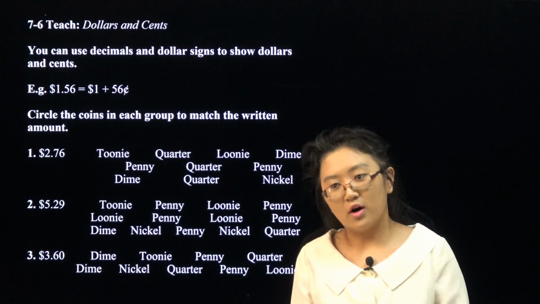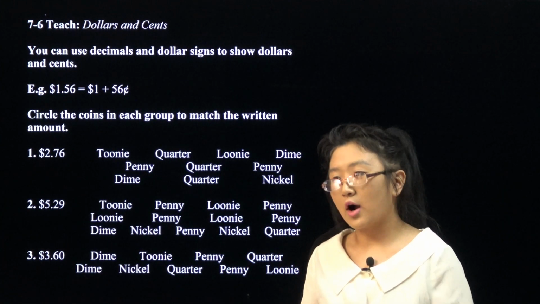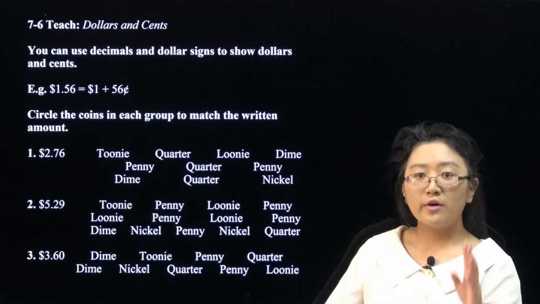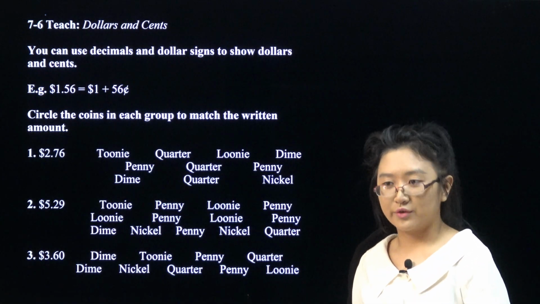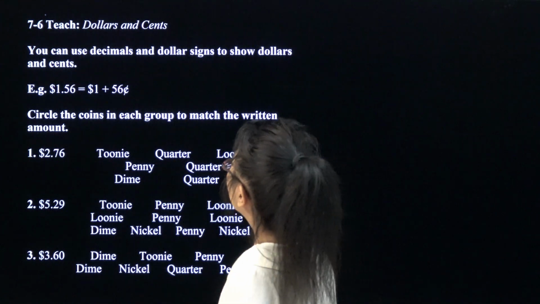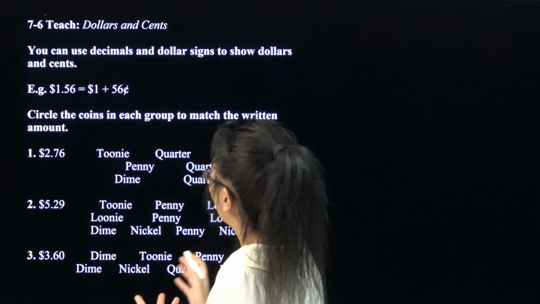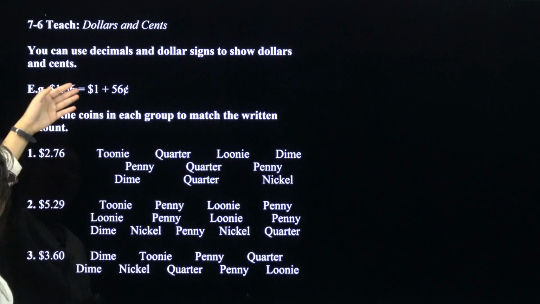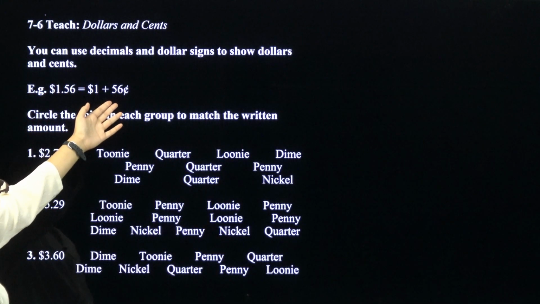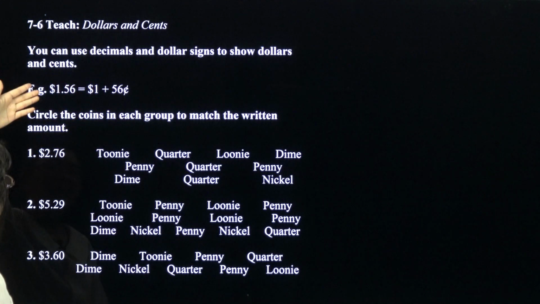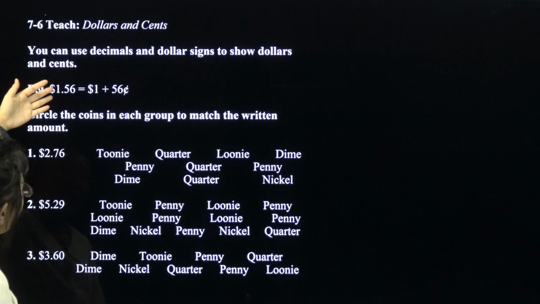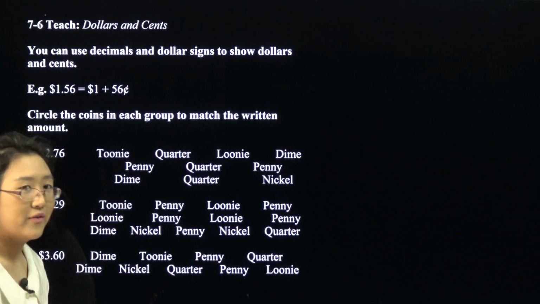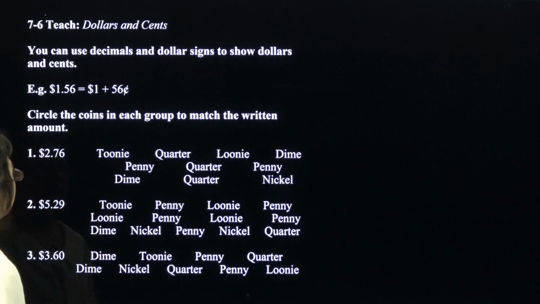Now that we've dealt with dollars, what about dollars and cents put together? So you can use this very interesting little thing called a decimal point to show dollars and cents. For example, $1.56 can be written as 1 decimal point 56, or $1.56.